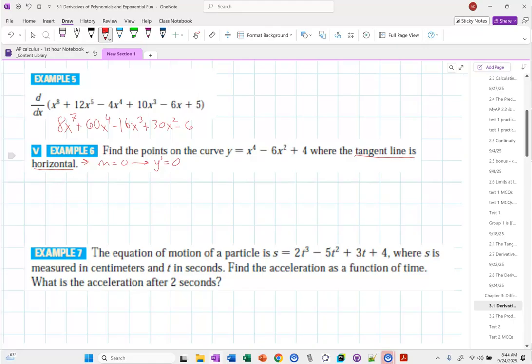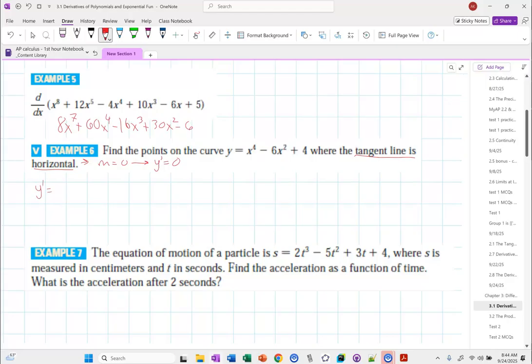Everybody's okay? The derivative is the slope of the function at that x. So what we're going to do is find the derivative of this equation, set it equal to 0, solve for x, and then we have to plug the x's back into the original to find the y's to go with them. Everybody okay with that?